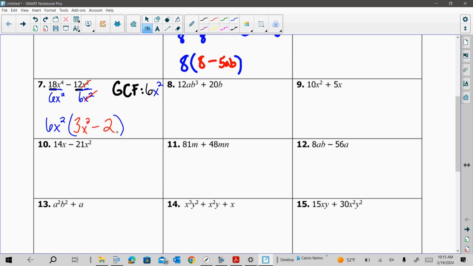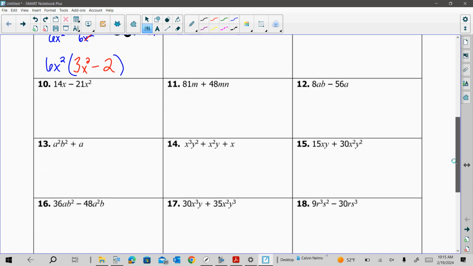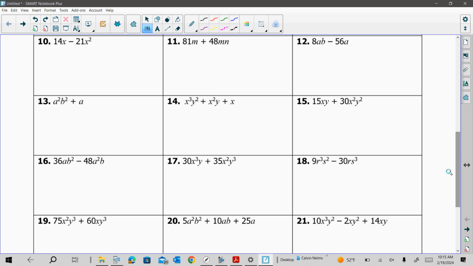I'm just going to jump to 13 here. There's no numbers, okay? GCF. There's no numbers in common, but they have a in common in both terms. So your GCF could just be a letter that both terms have in common.